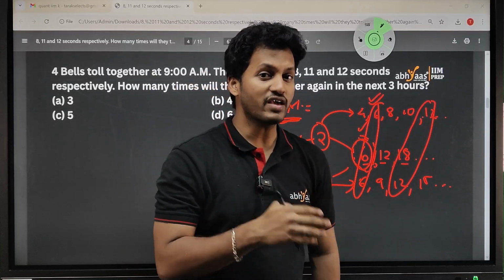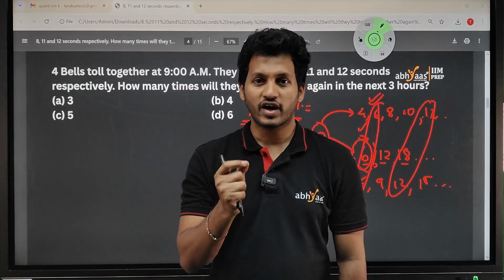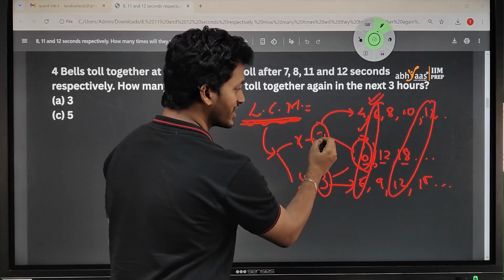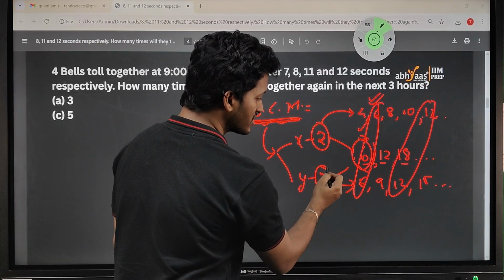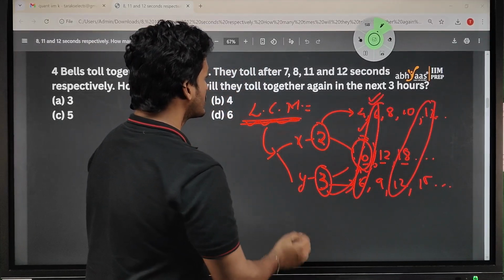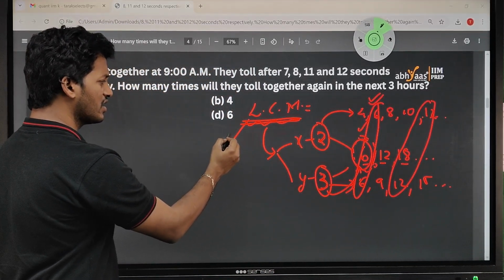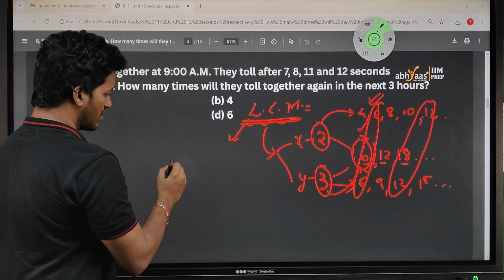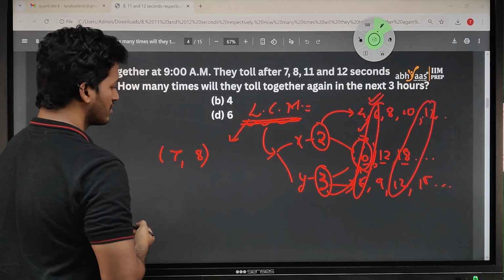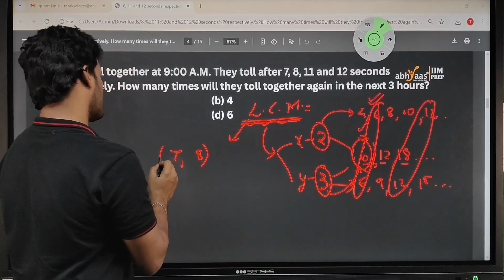But as I said, why are we finding LCM? We are finding LCM only to know in which number we can see both of these numbers staying together. It will be 6. Let us say 7 and 8 are there.